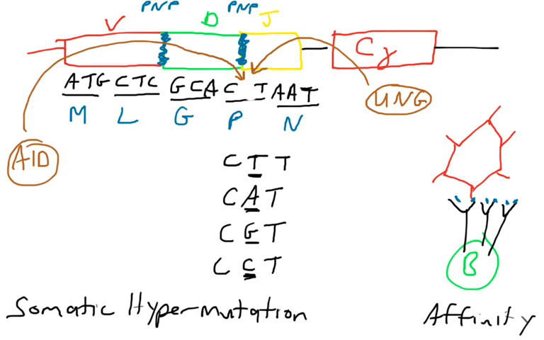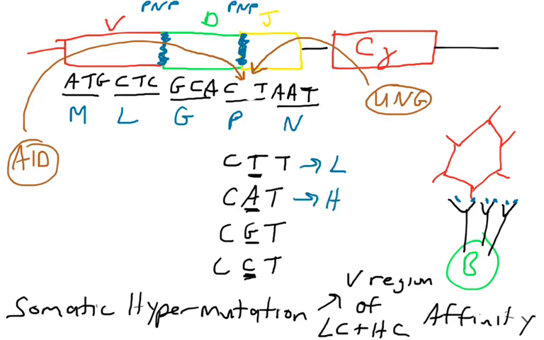So let's follow through here. What happens if the DNA gets mutated to these nucleotides? Well, the variable regions of the heavy chain and the light chain gene are going to change due to the changes in nucleotide sequence in these codons. So if the repair enzymes ended up switching the C to a T, now this codon reads for a leucine amino acid, not a proline.